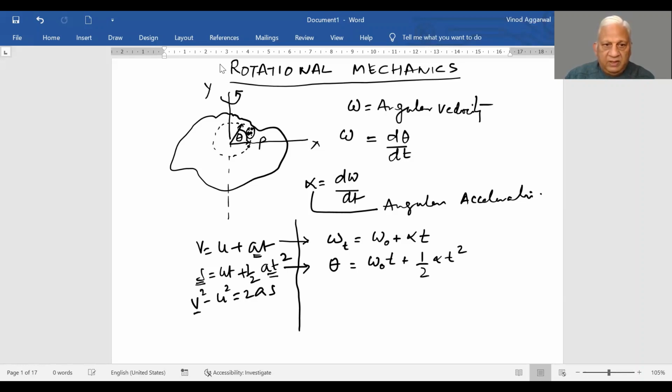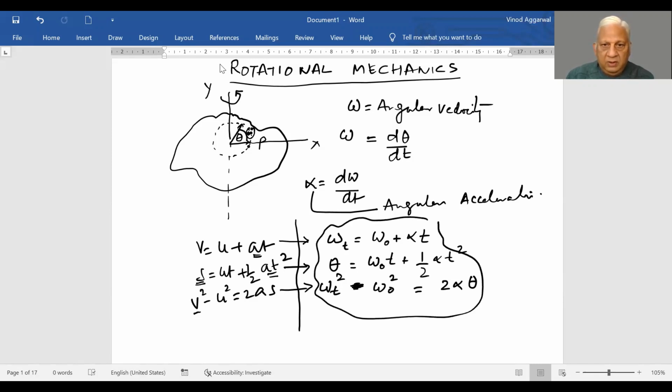And final velocity square minus initial velocity square is equal to 2 alpha theta. So there is a direct equivalence. If you see, this is the rotational mechanics part of it, and this was our linear motion part of it. They are almost exactly equivalent.